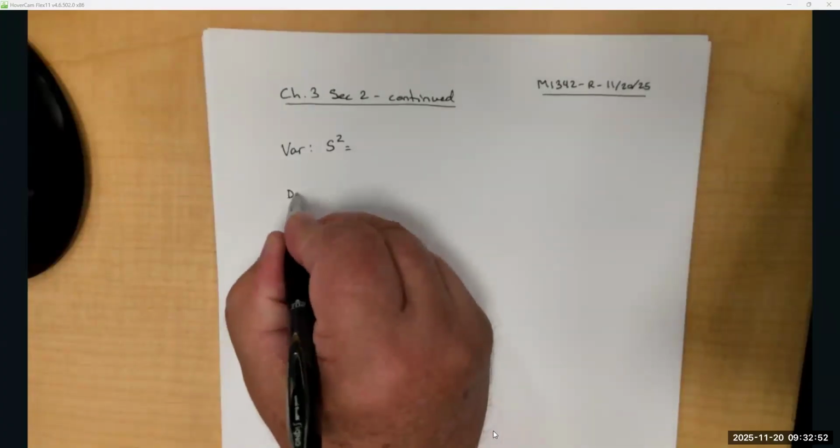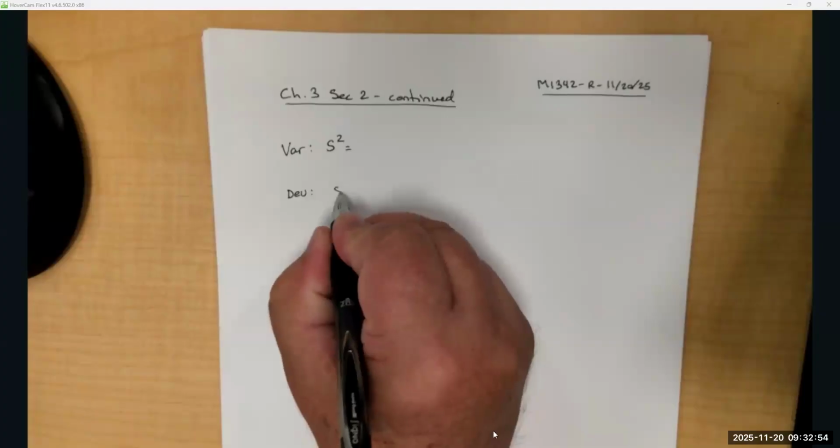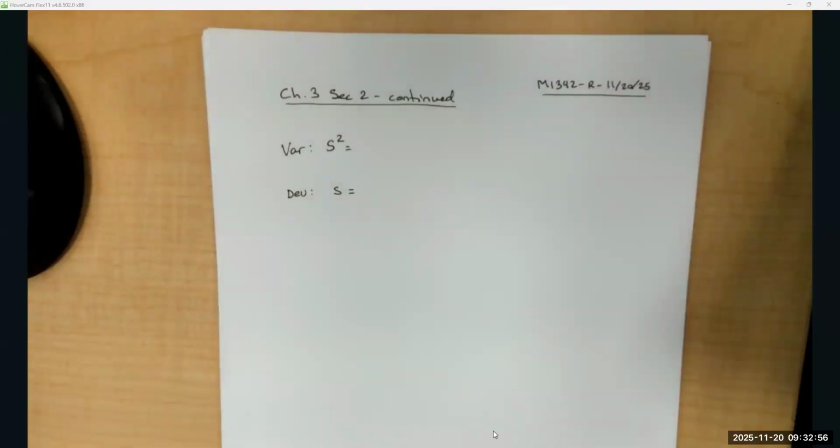The deviation is the square root of it. Whatever formula. So far, we've discussed 3 different formulas for variance and deviations. And what do they tell us? What does deviation tell us? Why do they call it deviation?